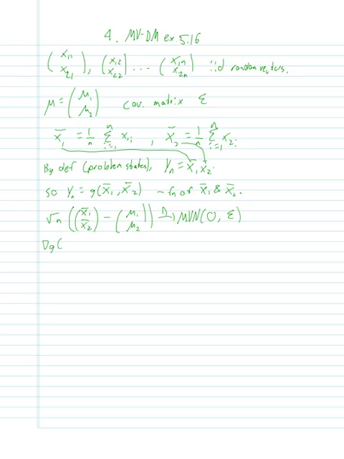Now we have that the gradient of g is equal to, by definition, the partial of g with respect to s1 and s2, which in our case we have s1 is equal to x bar 1 and s2 is equal to x bar 2.